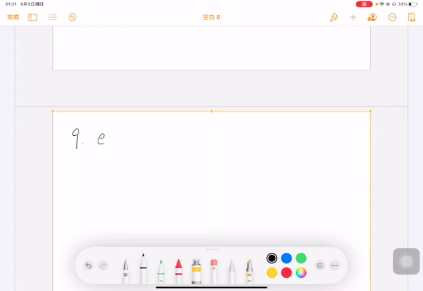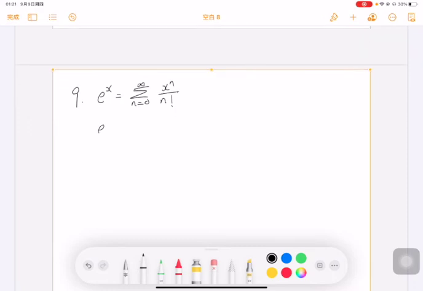Okay, first of all, e to the x equals the sum from 0 to infinity of x to the n divided by n factorial. That's one of the 5 elementary power series we talked about. And if we have this, that's x cubed.